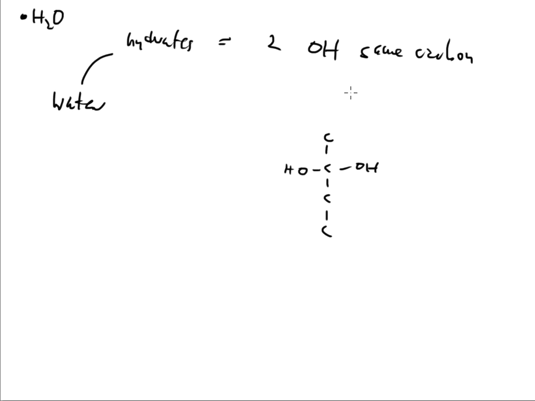Now, you can kind of imagine what's going to happen here, right? If this is the product that we're after, and this is the product that we're focused on in this lecture video, you can probably imagine that one of these OHs was probably a double bond O at some point in time. And there's my ketone piece, right? Or my aldehyde piece.